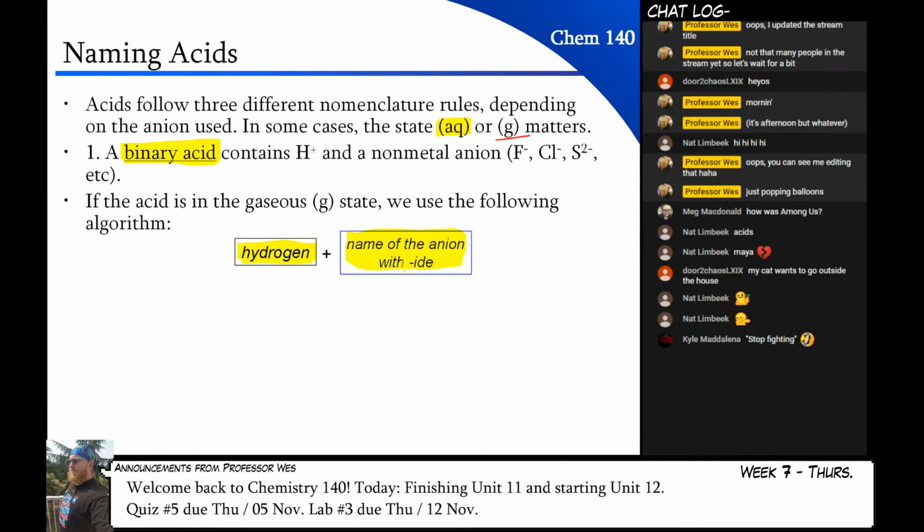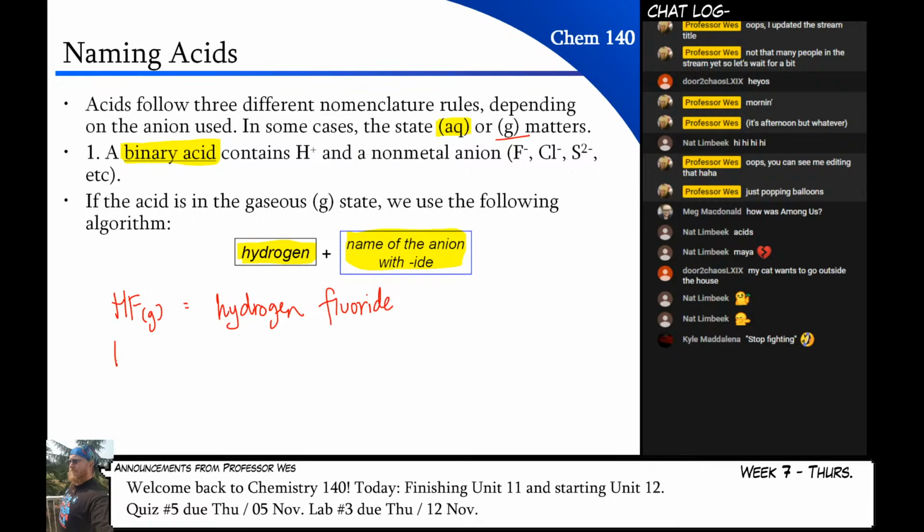So if I had HF, and it was a gas, I would call this hydrogen fluoride. Just like if it was ionic.